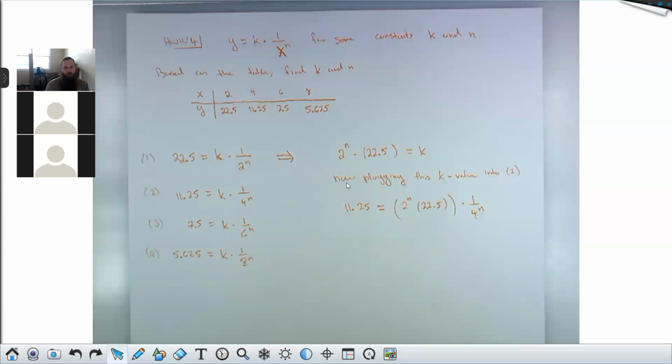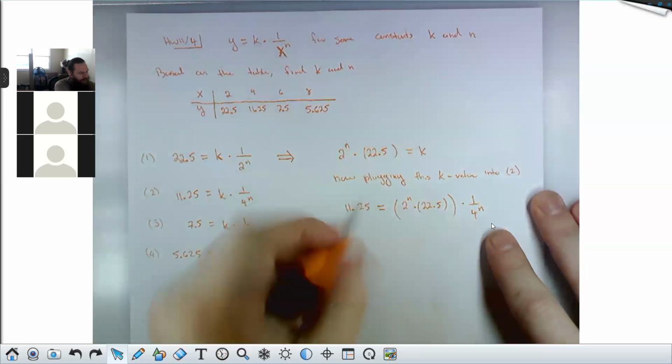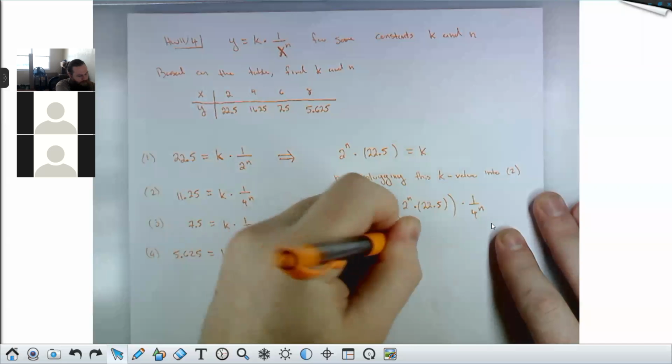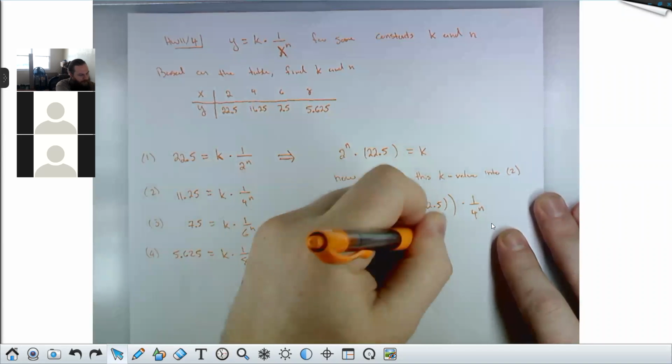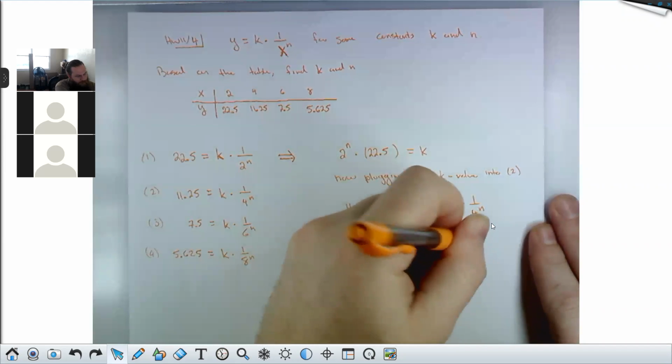Everything here is being multiplied, so I can do away with the parentheses. This is the same as 11.25 equals 2 to the n times 22.5 times 1 over 4 to the n.